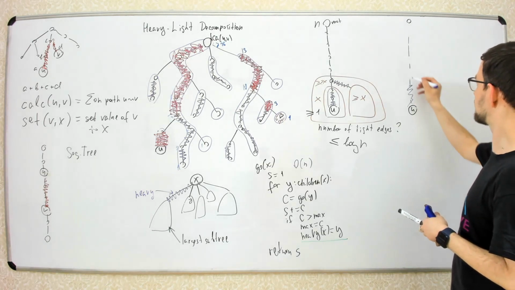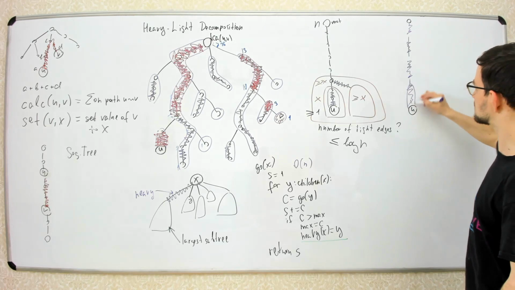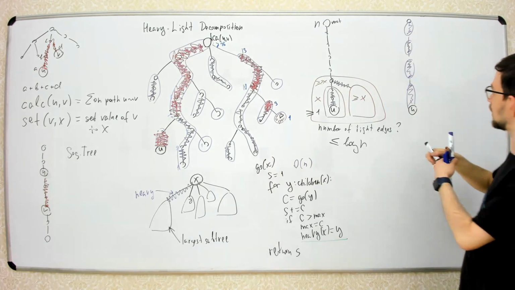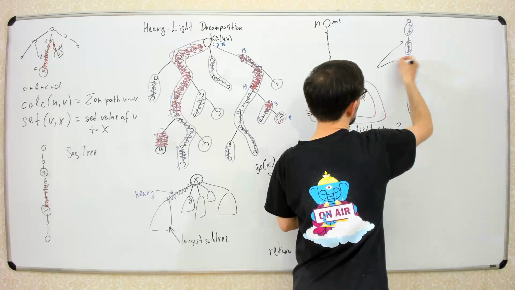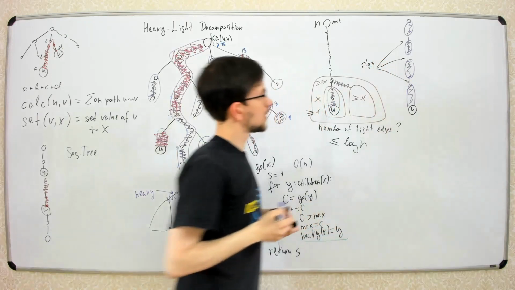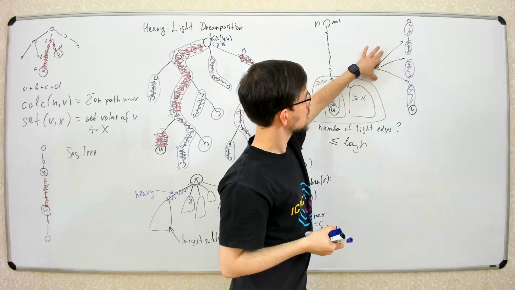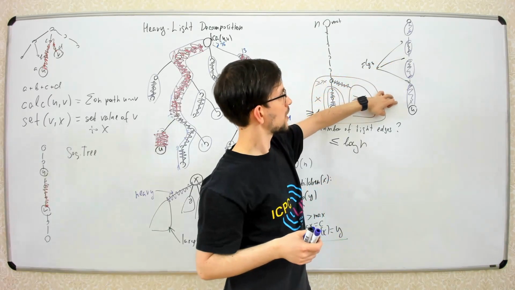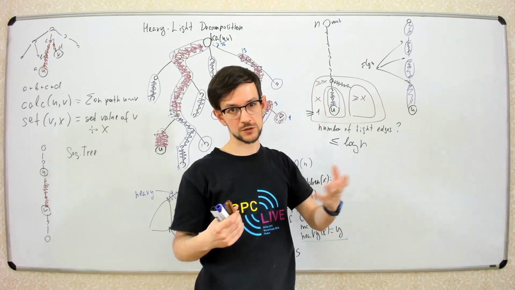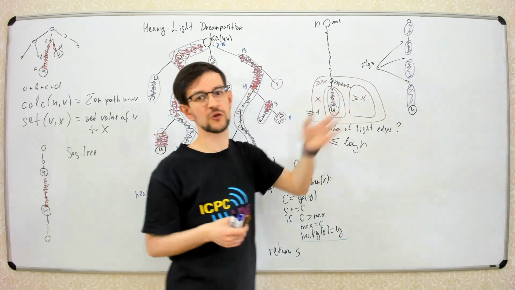The heavy edges form some segments of your heavy paths, like this. And if you have no more than log n light edges, then these log n light edges will split your path into no more than log n segments of different heavy paths.